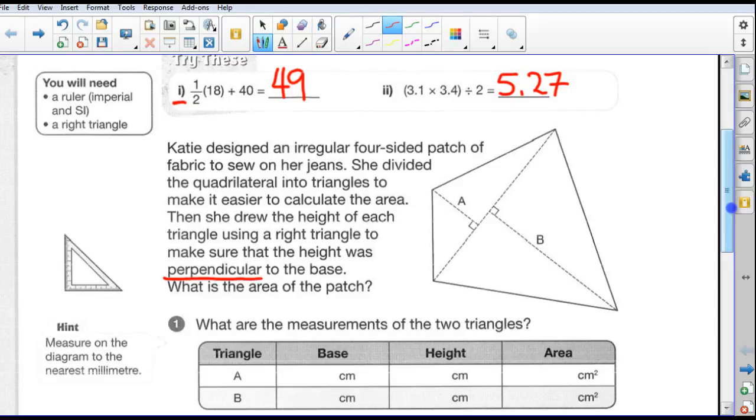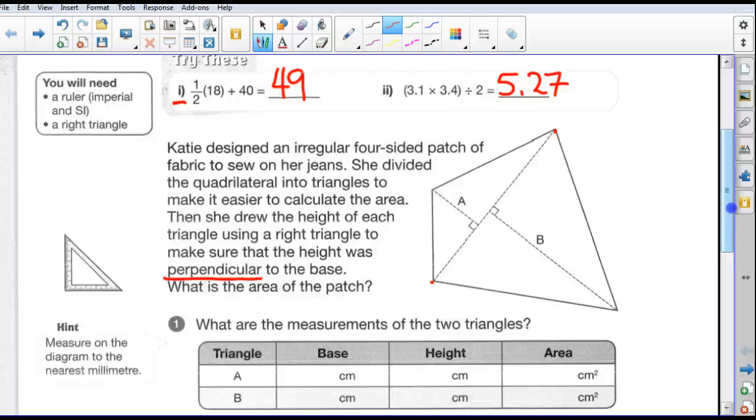So you can see that by just connecting this corner here with that corner there, she formed a triangle, and then what was left over was another triangle. So she took this quadrilateral, all 4 sides different lengths, and she made 2 triangles out of it. We know from 4.7 how to calculate the area of a triangle.